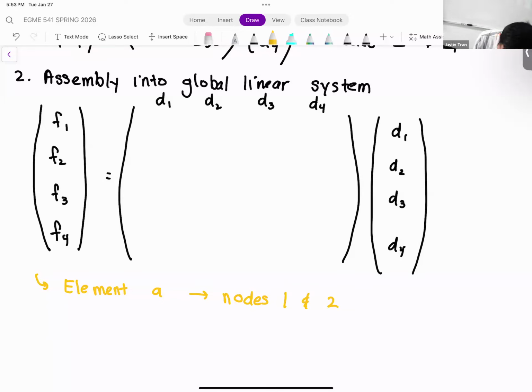If we partition that out, you can see that D1 and D2 are the first 2 rows and the first 2 columns. So we're going to see where those two intersect. And those two are going to intersect in that upper left quadrant right there.